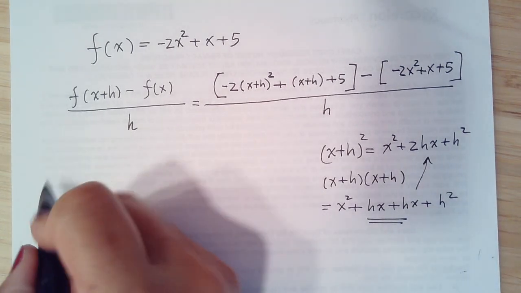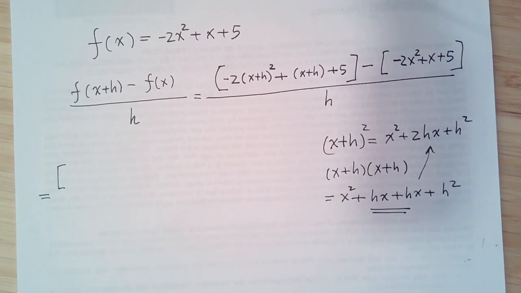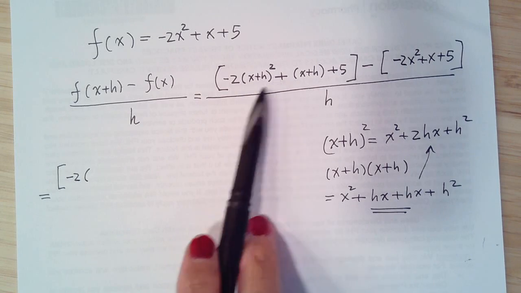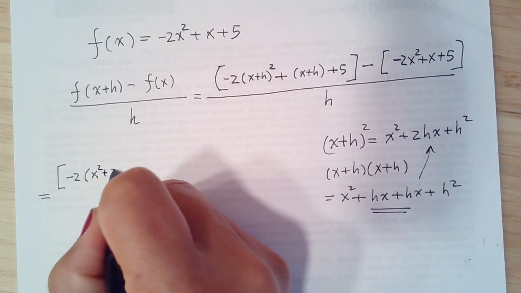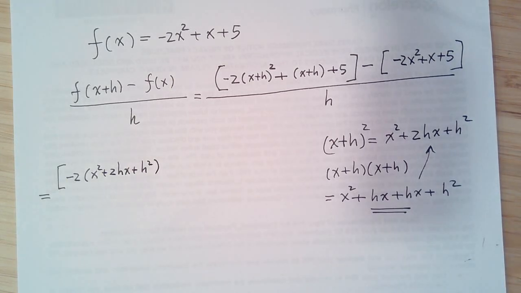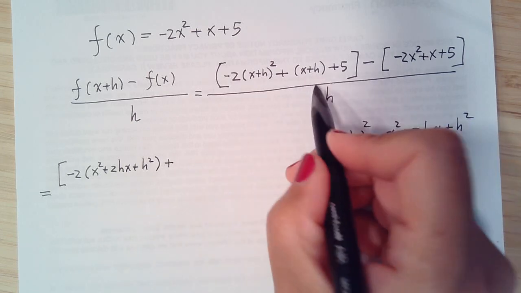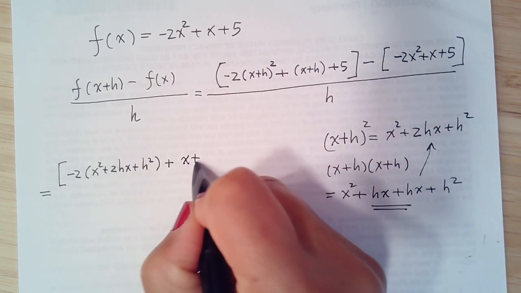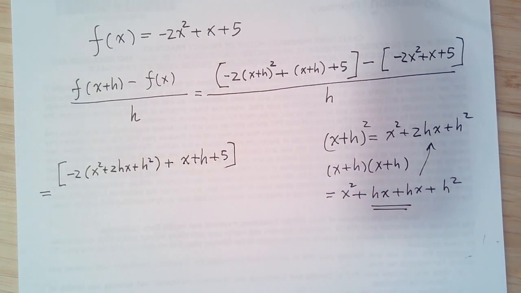So I'm going to write here, still in the bracket, because I don't want to skip too many steps. I get negative 2, and inside the parentheses, because I already did the square, I put x squared plus 2hx plus h squared. Then plus, I can just open this parenthesis because there's really nothing I could do: x plus h plus 5. That's the first part.